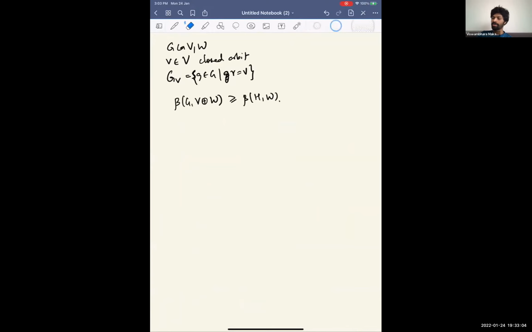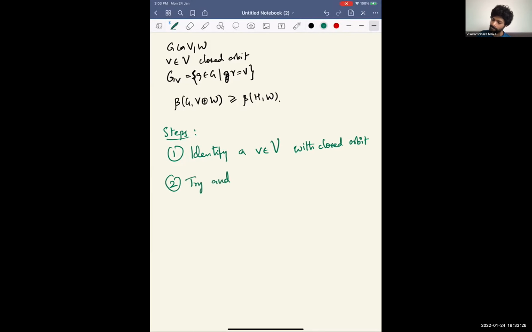What I'm going to try and do in this whole thing, the first step is to identify a point in this vector space with closed orbit. That's a challenge. You have to identify such a point, but it also has to be useful. The second thing is I'm going to try and ensure H is a torus.